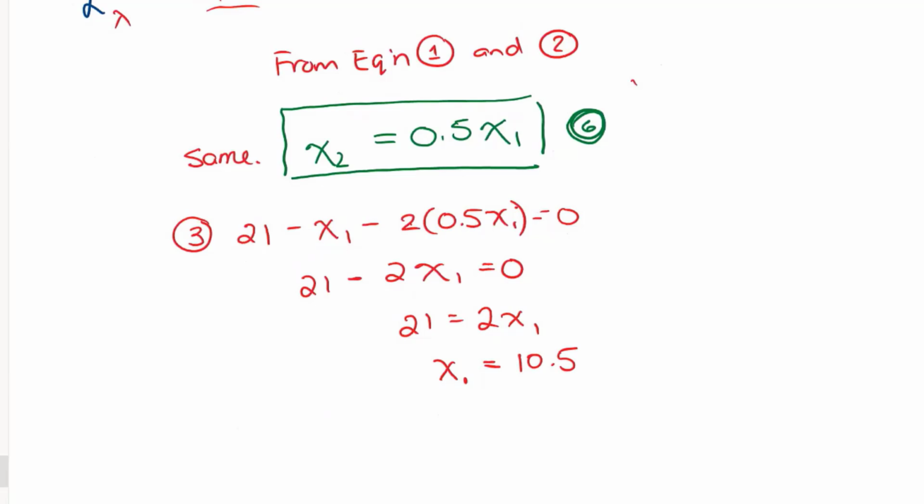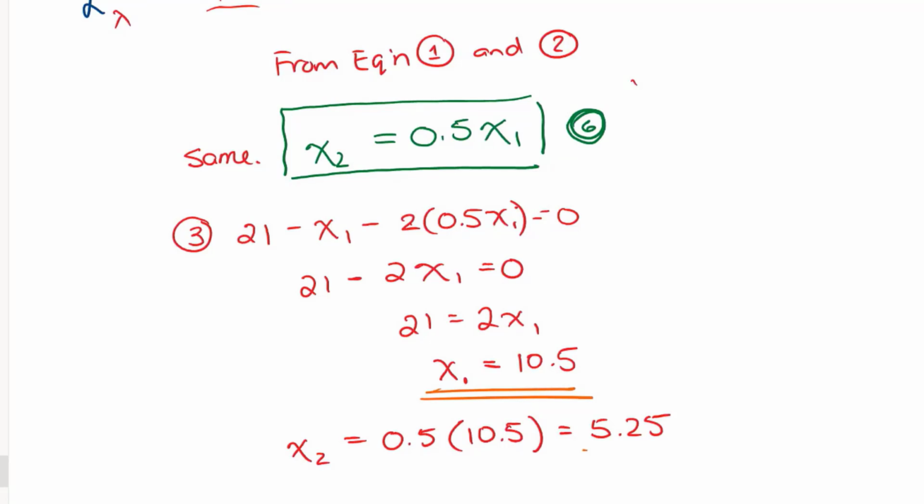That would be our new value. And then our new x2 value would be equal to 0.5 times 10.5. This would be 5.25, our new x2 value.